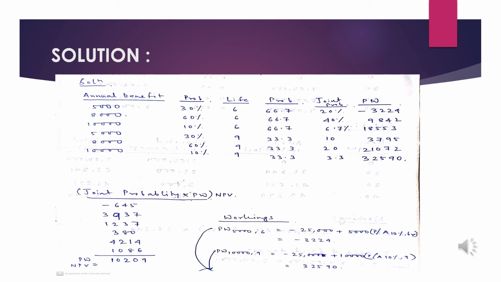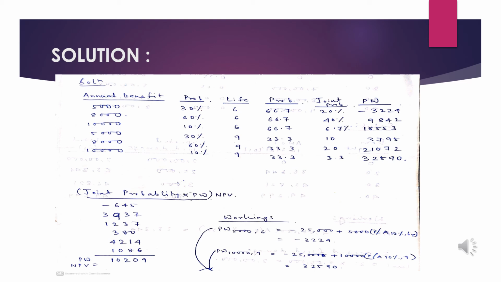If we convert 2 by 3 and 1 by 3 into decimal values, we generally get probabilities of 66.7% and 33.3%. This is how the entire decision tree stands right now.